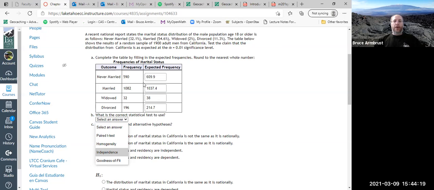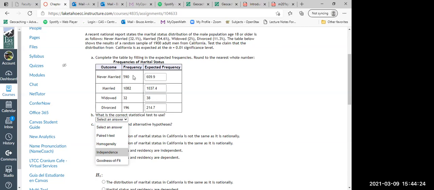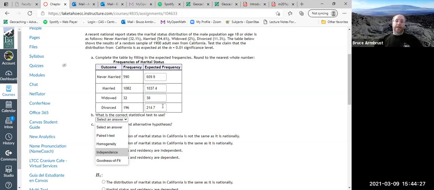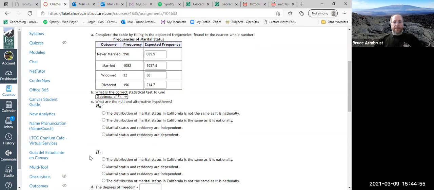Yeah, that what we've got are expected values, and we're comparing our values to an expected set, right? So goodness of fit is all about, is our sample distribution the same as the expected distribution? Anytime we're comparing our sample numbers versus expected numbers, that's goodness of fit. All right, so that's how we know that's the test we want to use.